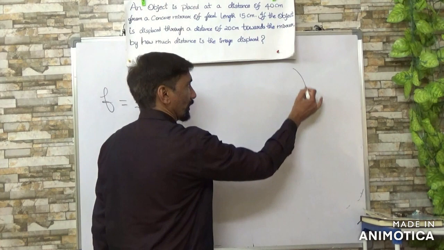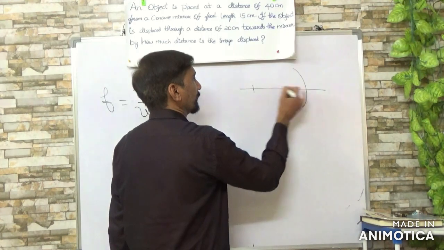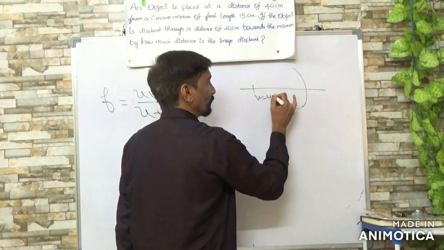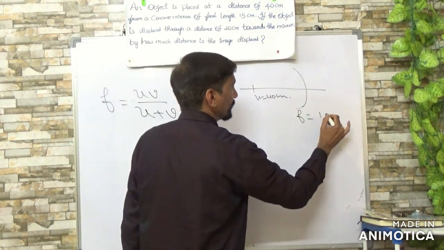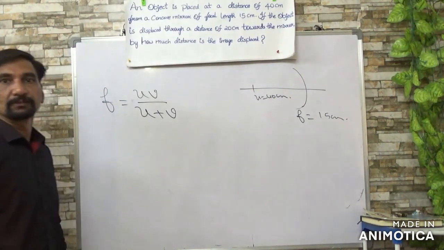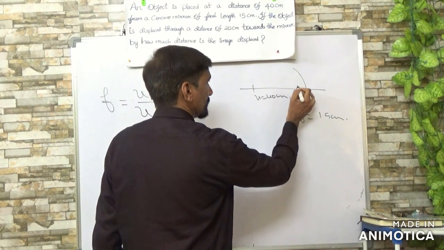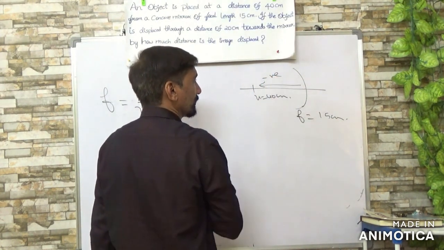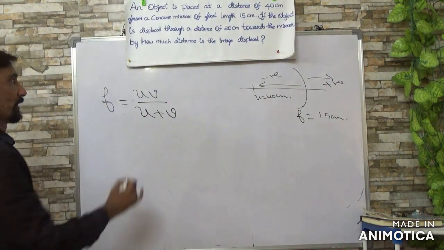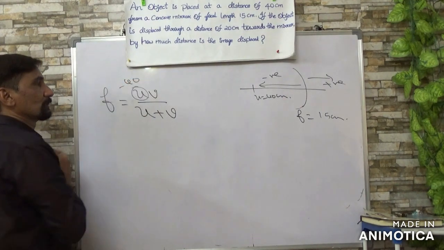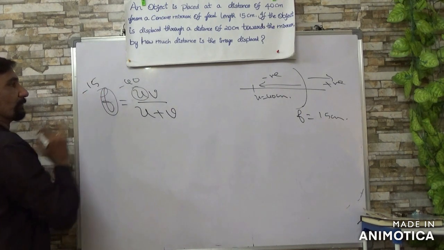So this is your question, concave mirror, object at a distance of 40 centimeters and focal length 15 centimeters. Whenever you measure distances, this side is always taken negative, this side positive. So object distance is minus 40, focal length minus 15.